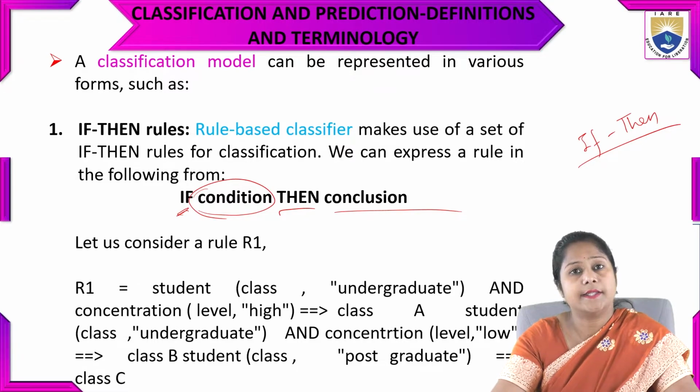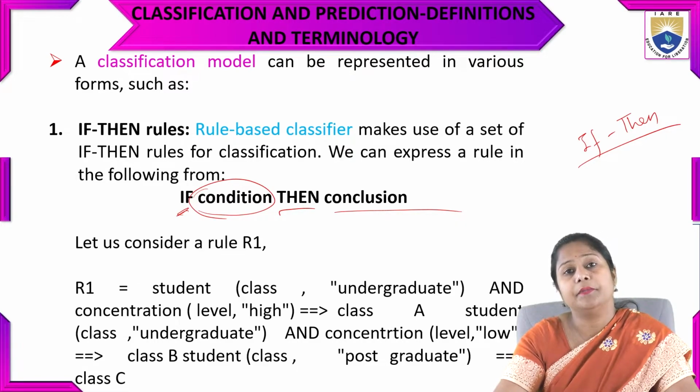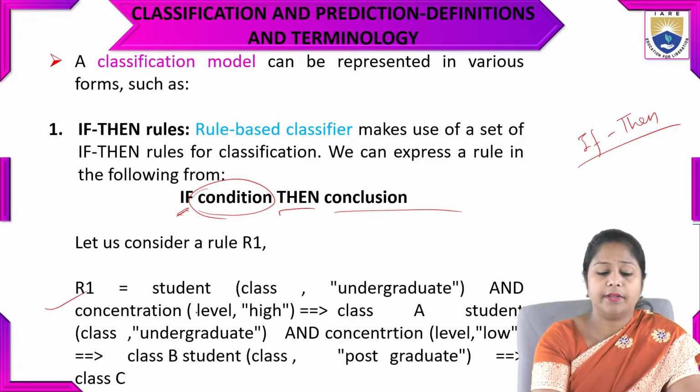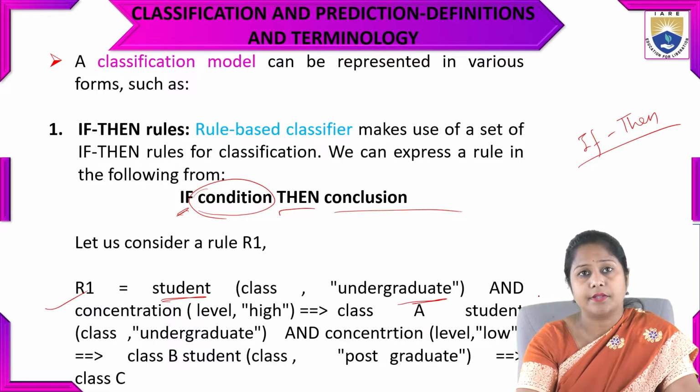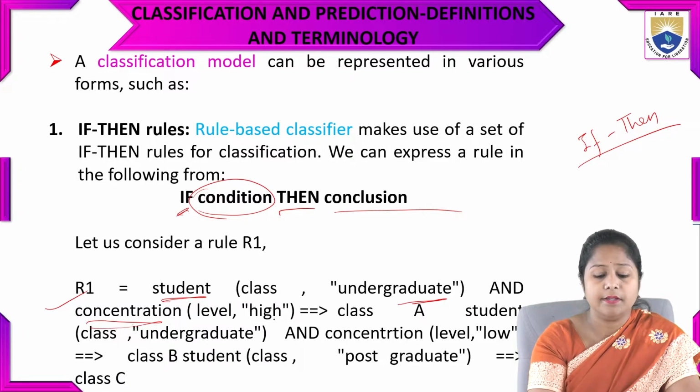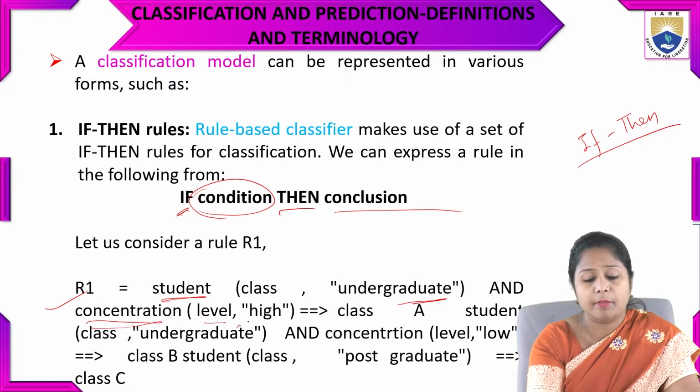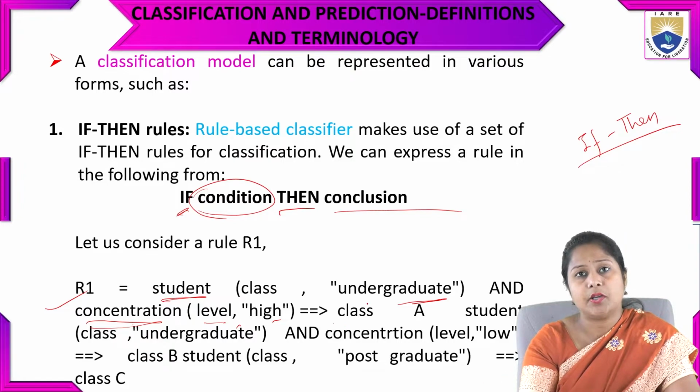So let's consider an example where we call a rule R1. R1 is equal to: the student has class undergraduate, and has concentration level high. That depends on class A student.